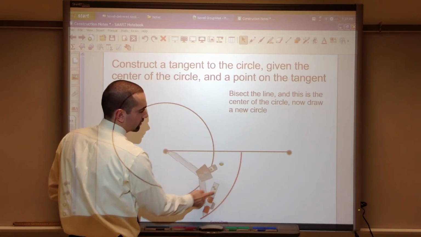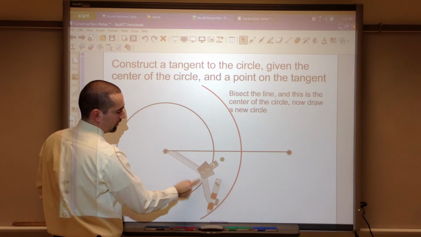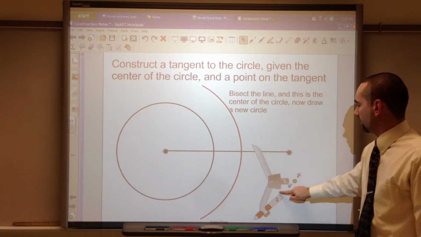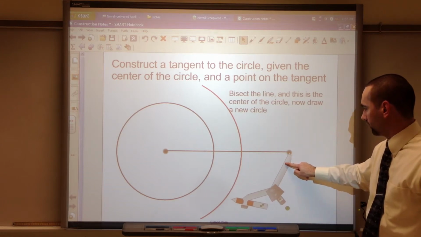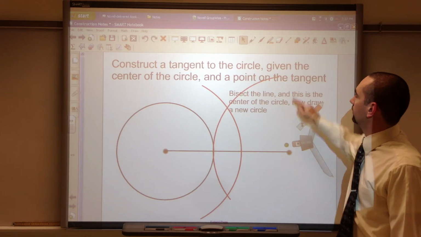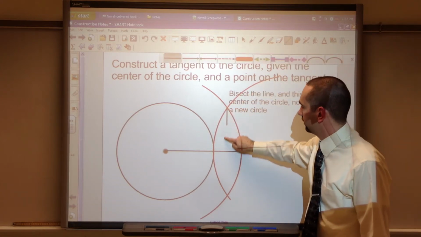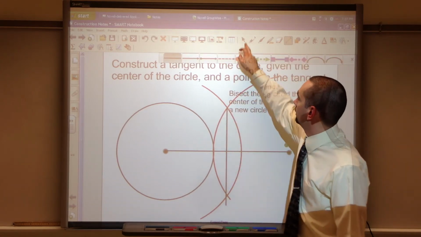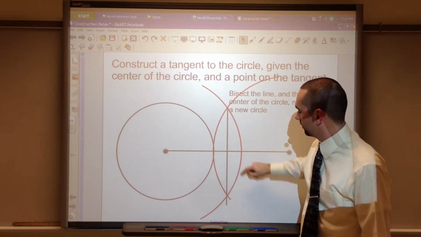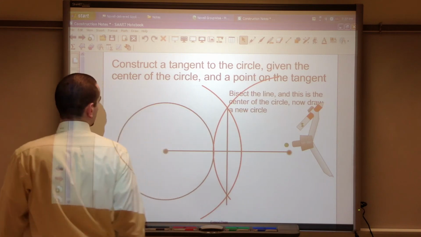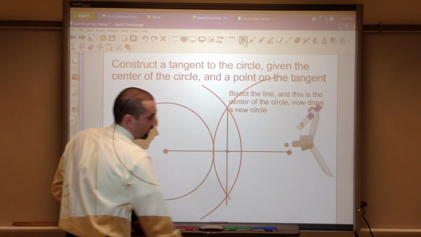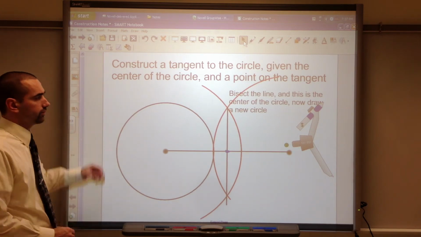And we make an arc, above, below, flip to the other side, and I do the same thing. Make an arc above and below, and I connect it to the line. There we go. This is the center of our new circle.